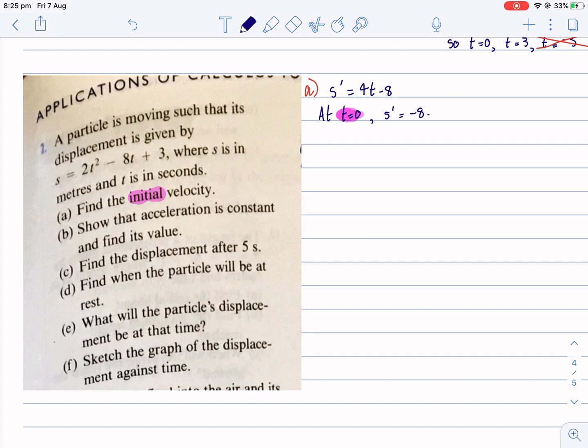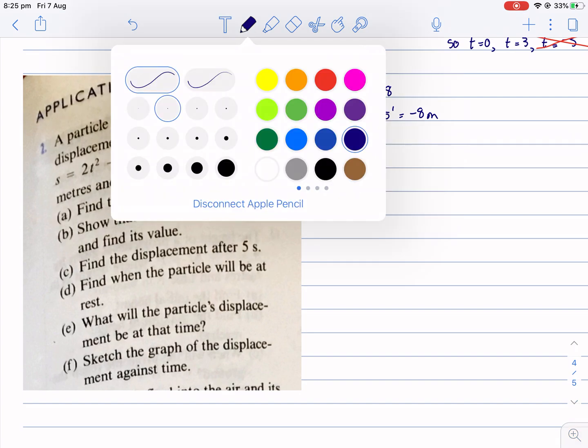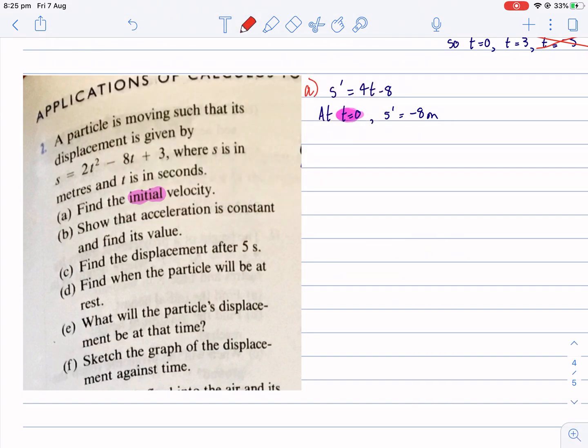So it's -8 meters. It could be below ground or something. B, the acceleration, so the second derivative. All we needed to find was the derivative of the velocity, which is 4 meters per second squared, and this should have been meters per second.